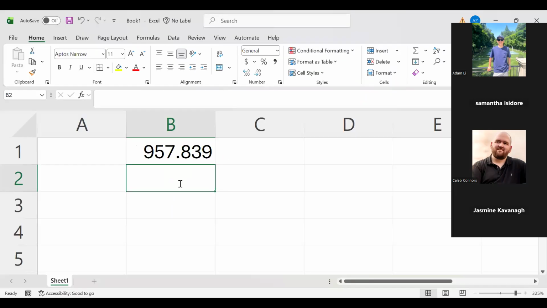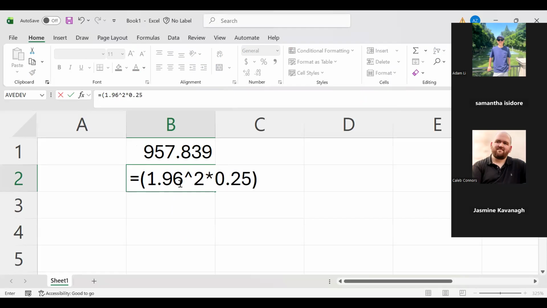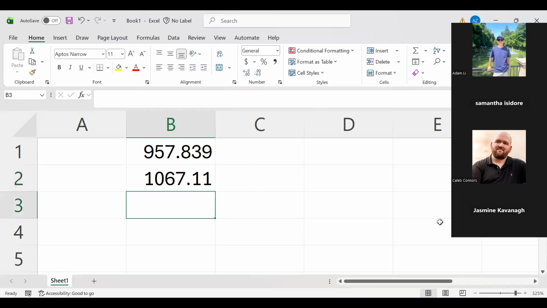One more time, 1.96 squared times 0.25 over 0.03 squared. Now we get 1067.11. So it's much larger, the sample size increased by about 110.